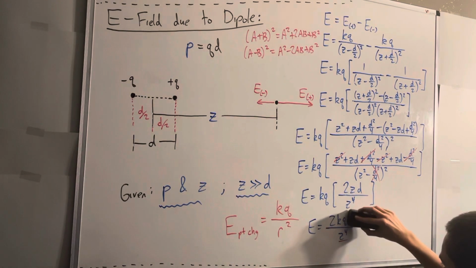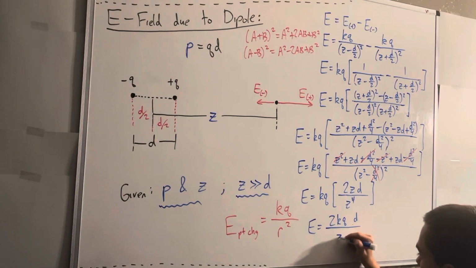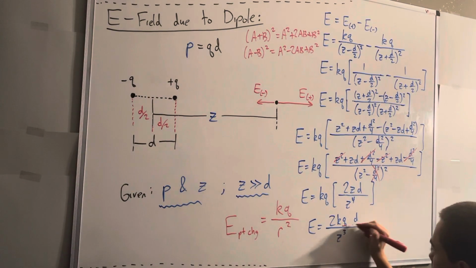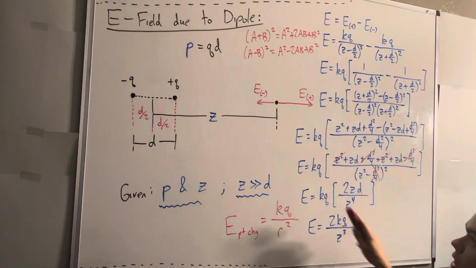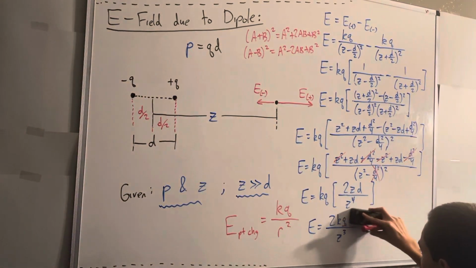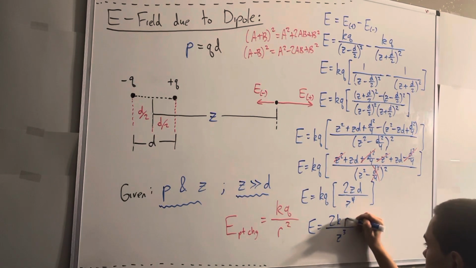So we get Z cubed in the denominator. And one more thing, we need the dipole moment. Well, check this out. Notice how we have QD. QD is just the dipole moment. And so we see how we're going to get P. And so we did get a P right there.